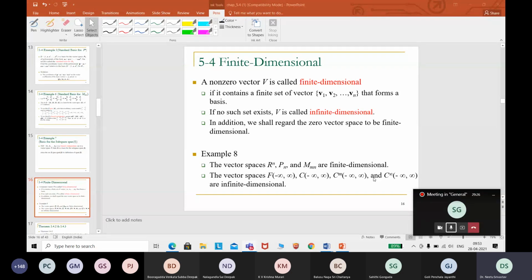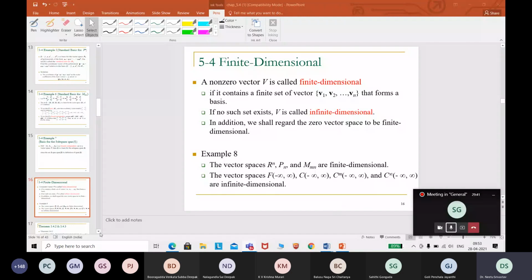So that is how the concept of finite dimensional works. You have to count the number of elements in the basis, and then say whether it is finite dimensional or infinite dimensional.